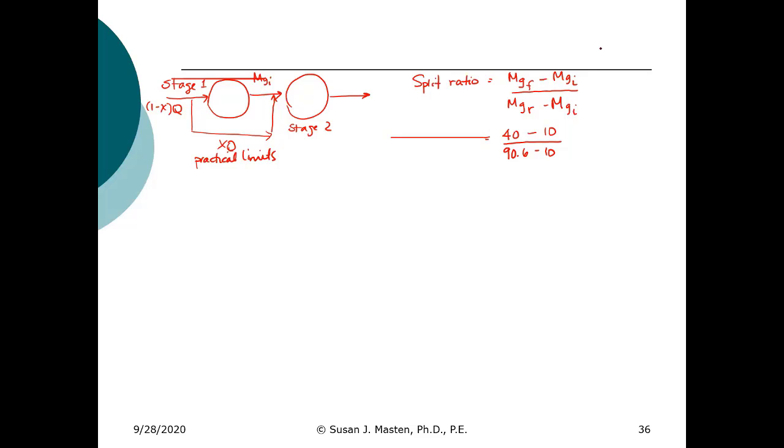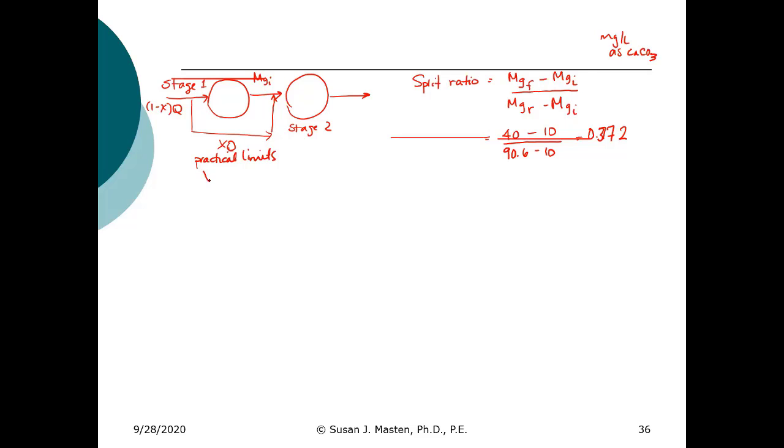Again, all of these concentrations are in milligrams per liter as calcium carbonate. And that gives us a split ratio of 0.372. So 37% of the inflow will be bypassed.